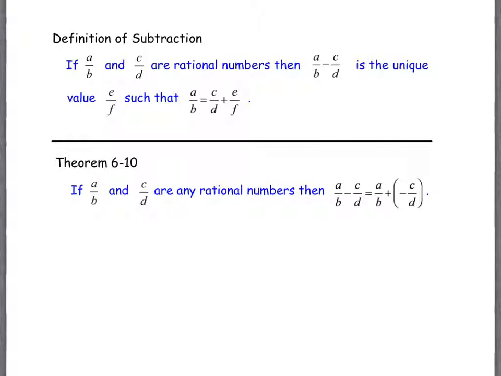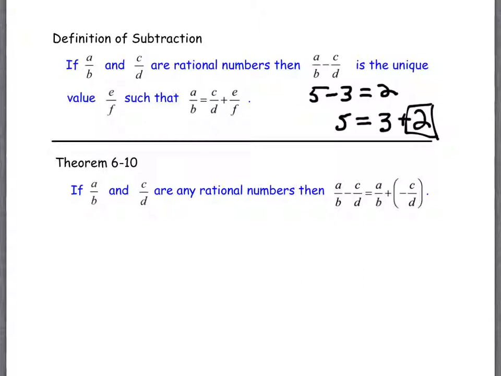It just looks a little funny with all the letters everywhere. All this is saying is that if you have 5 minus 3 and it equals some unique number 2, the reason it equals 2 is because you could have had that 5 to start with, and you would have had to add 2 to the 3 to get back to 5. That's all this definition is saying, it's the piece that's not there.